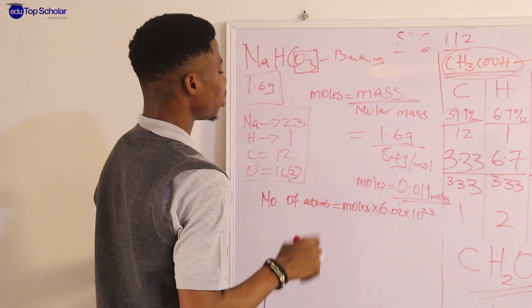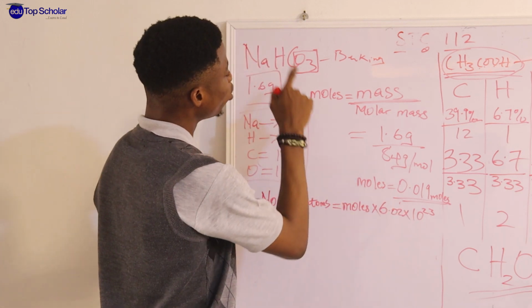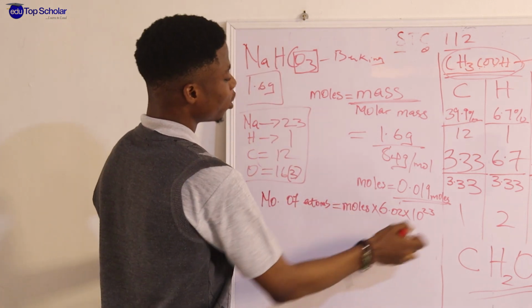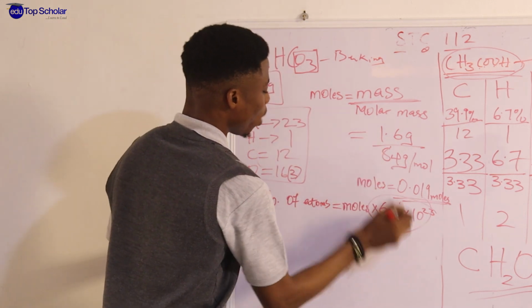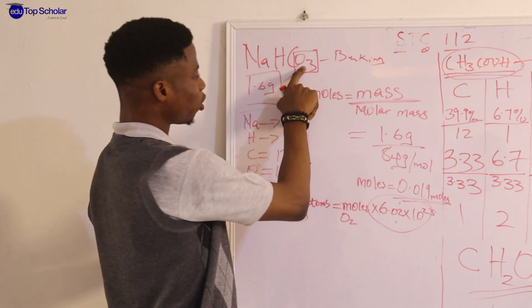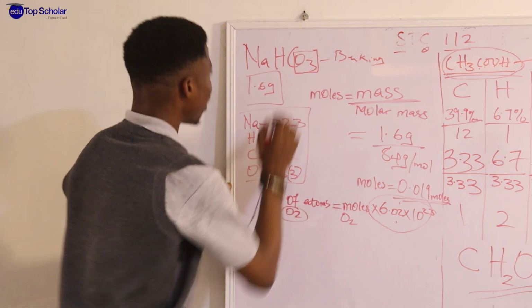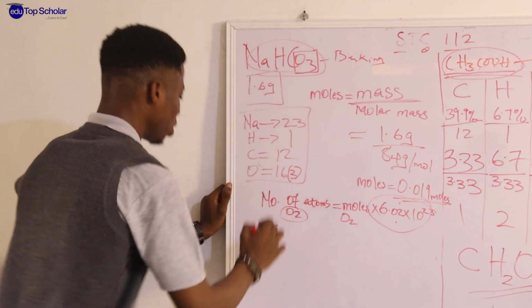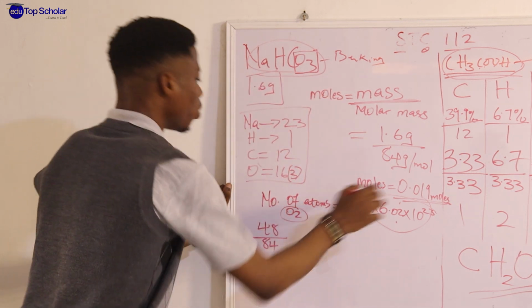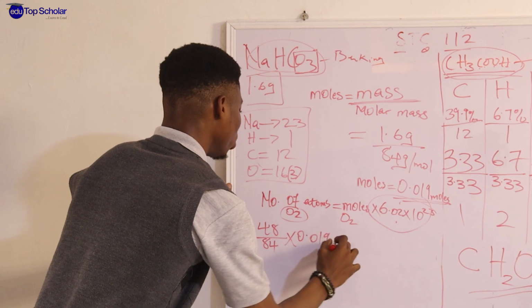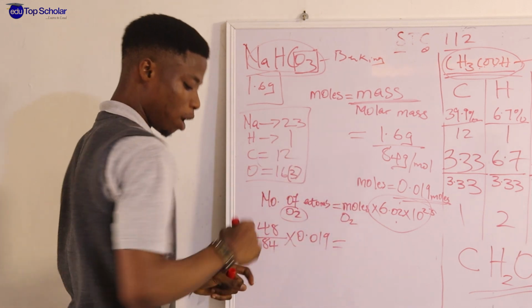But before we do that, we need to get the number of moles of oxygen in this baking soda, to then multiply it by our Avogadro's number. The number of atoms of oxygen in this baking soda is 48, and the overall molar mass of this is what? 84. So we need to multiply it by 0.019 moles to get the number of moles of our oxygen.